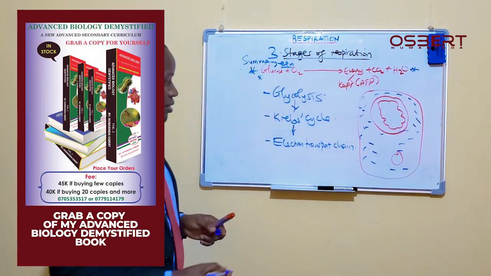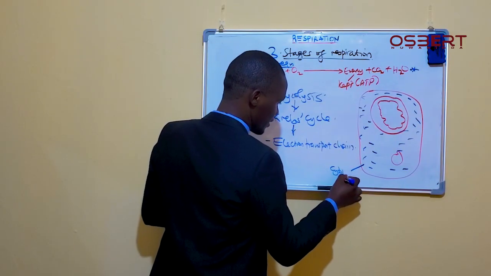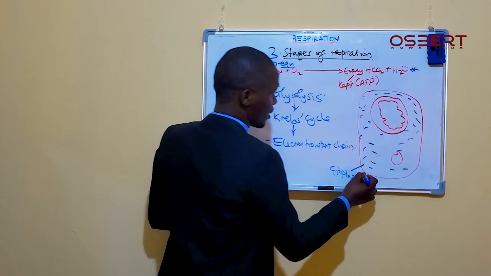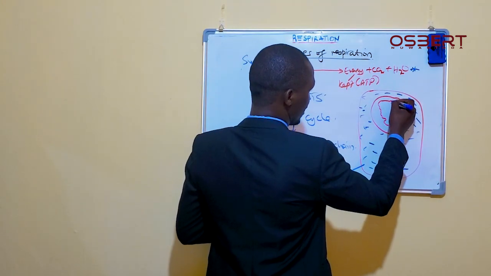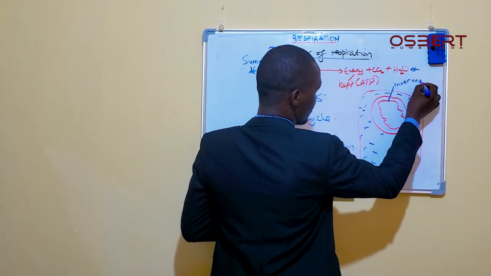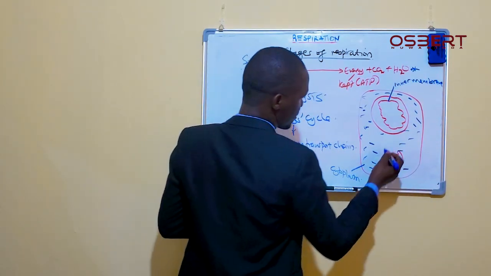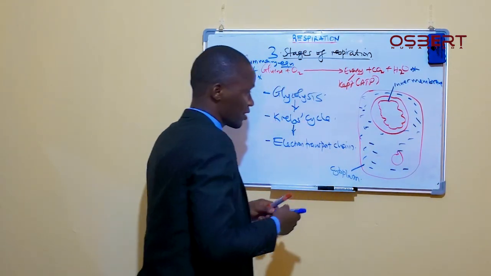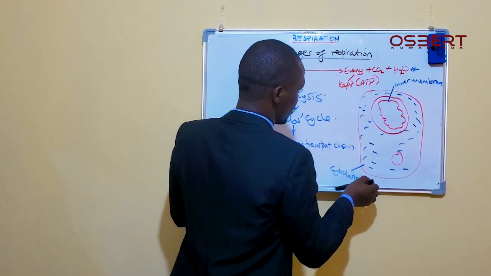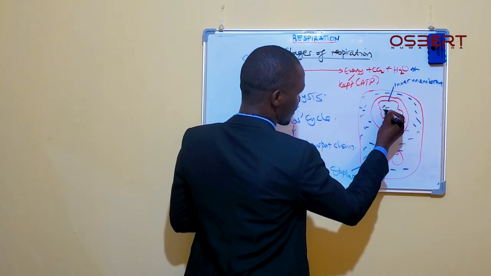So of these three stages, this is the mitochondrion, this is the inner membrane of the mitochondrion, and within this mitochondrion, as we already saw, we have the matrix.